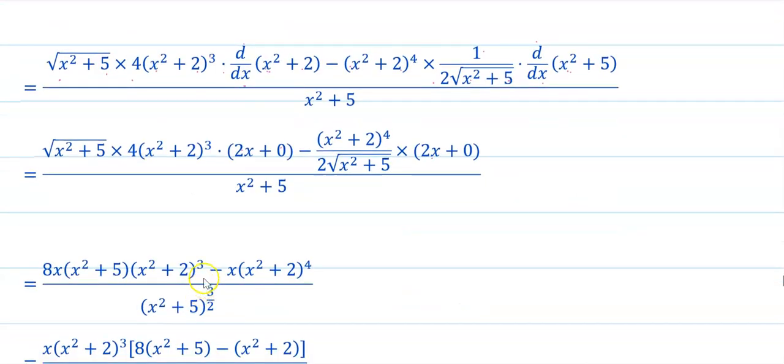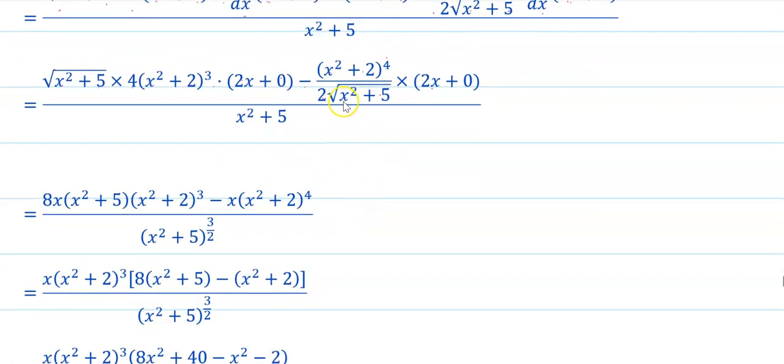Okay, now the next simplification. Root of x square plus 5, into 4 into (x square plus 2) raised to 3 into 2x, minus (x square plus 2) raised to 4 upon 2 root of x square plus 5 into 2x. This 2 will get cancelled. Now in the simplification, if we multiply this root of x square plus 5 with this root of x square plus 5, then what you will get? x square plus 5 raised to 1. Let me write one more step here.